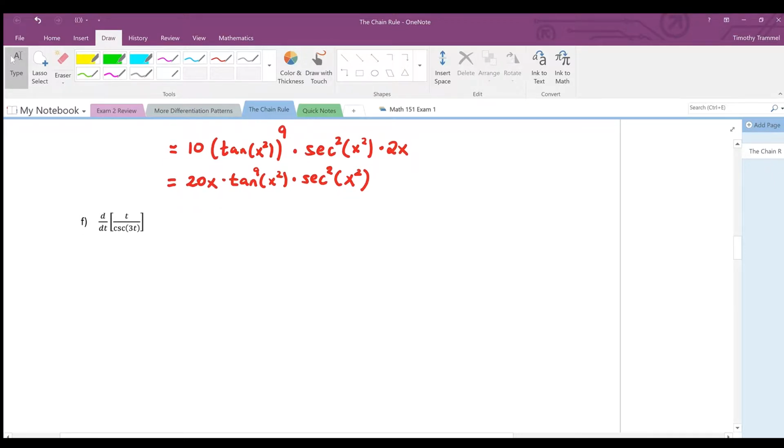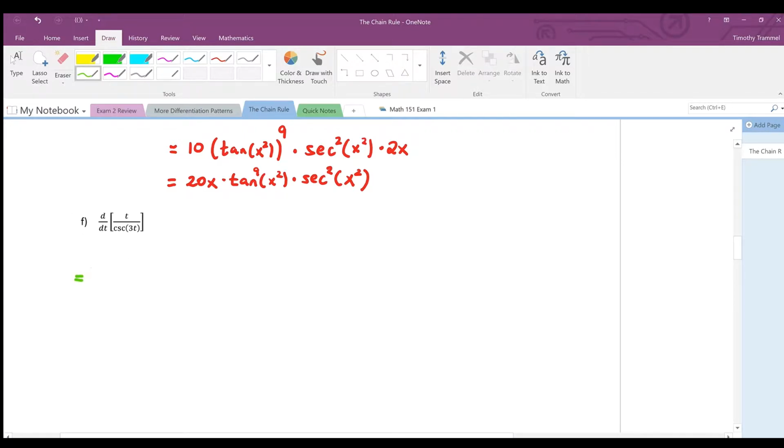All right, in part F here, this is another one I think you should pause the video and try. So part F here is going to require a combination of the quotient rule and the chain rule.